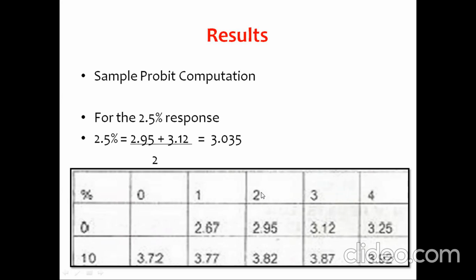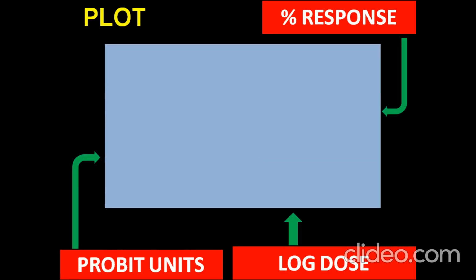We add the probit for 2 and 3 and divide by 2, which gives the average for 2.5. The probit of 2 is 2.95, and for 3 it is 3.12. We divide them by 2 and get the probit for 2.5% response, and that will be 3.035, like this.